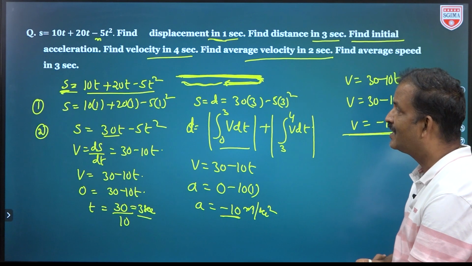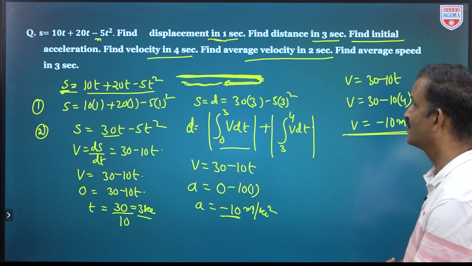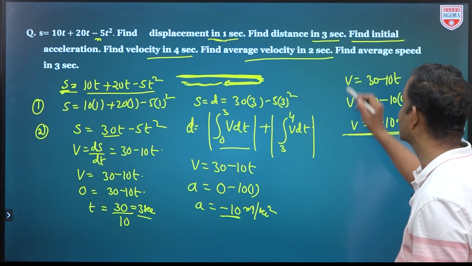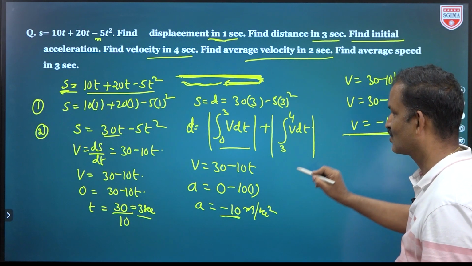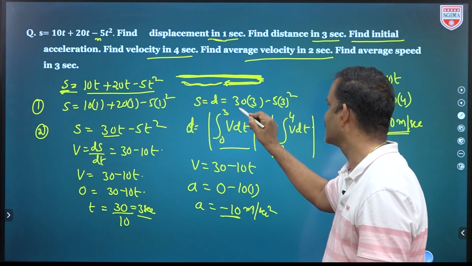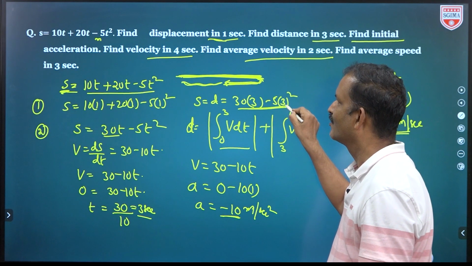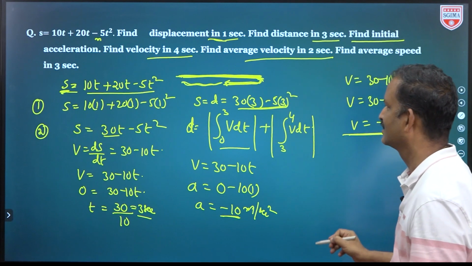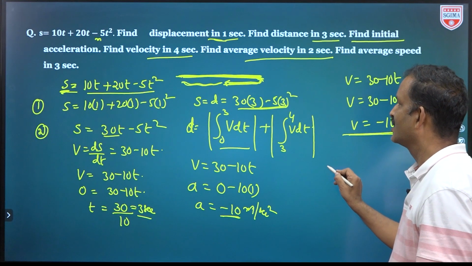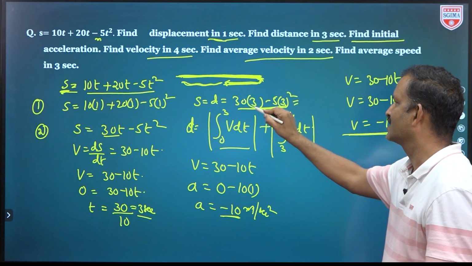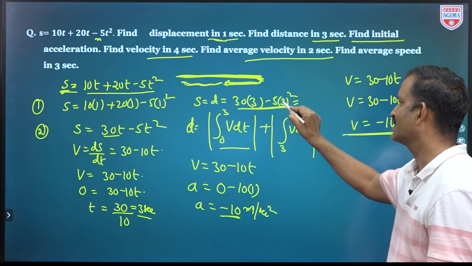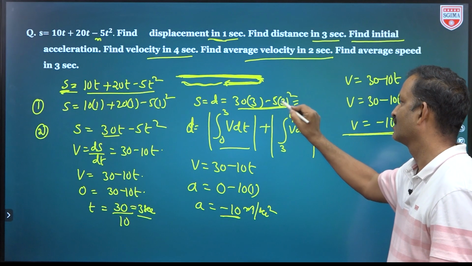Find the average speed in 3 seconds. Average speed in 3 seconds means total distance in 3 seconds divided by total time, 3 seconds. What is the total distance in 3 seconds? 90 minus 45.